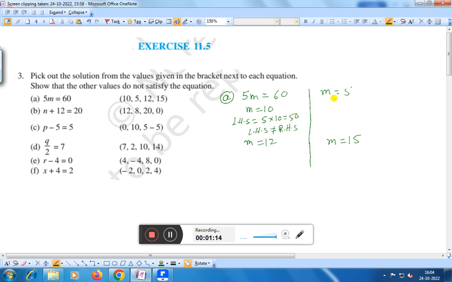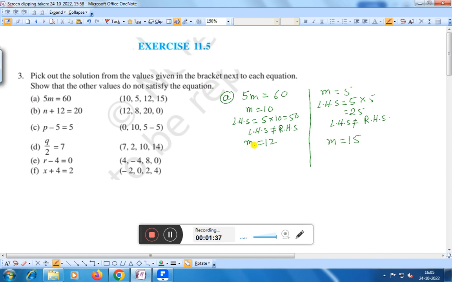If we take m equal to 5, what do we get? Left hand side is equal to 5 into 5, that is 25, and right hand side is 60, therefore left hand side is not equal to right hand side, therefore it doesn't satisfy the equation.